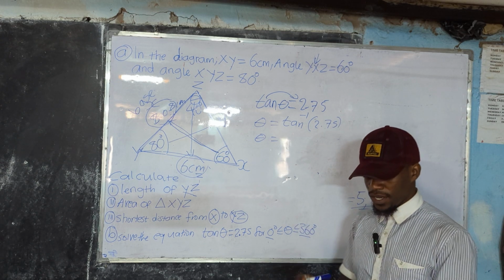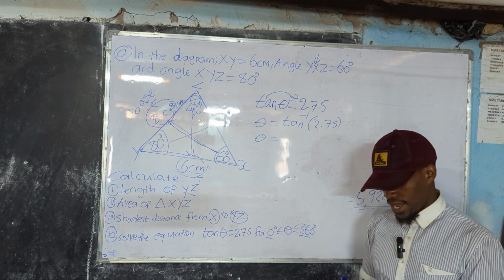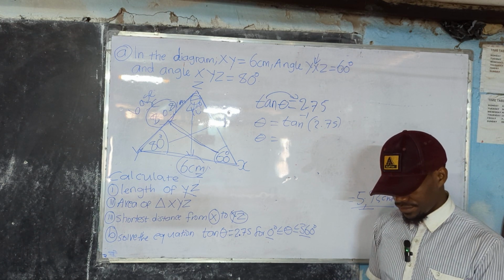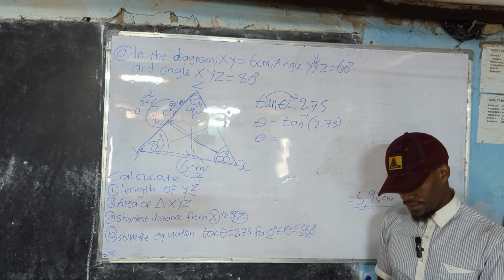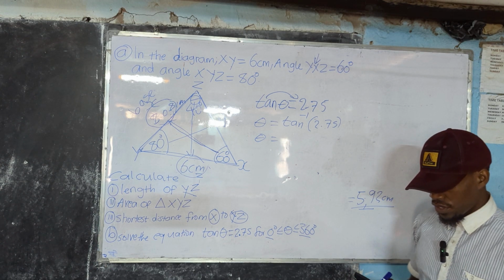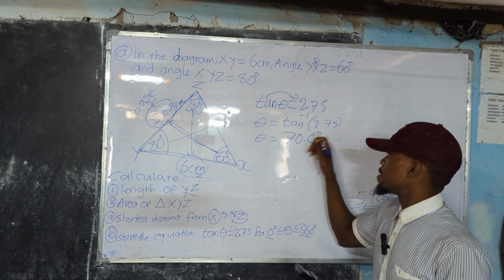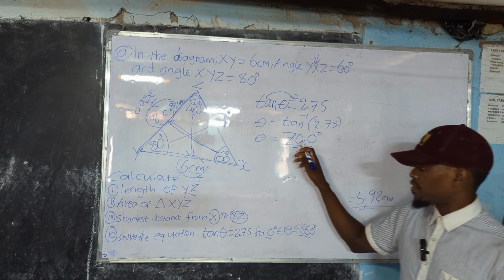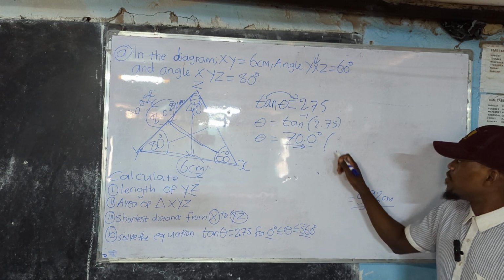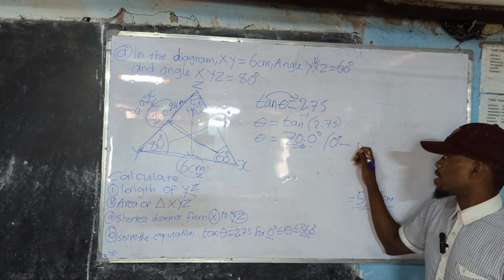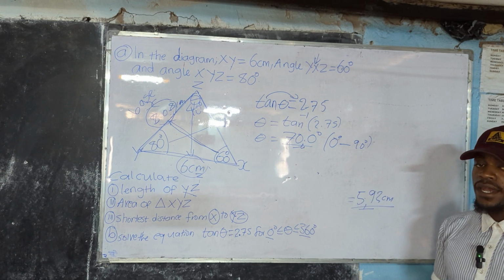So on your calculator, you just have to press shift tan 2.75. So I'm getting 70.0 degrees. This is our first angle because this one is in the first quadrant. Remember, first quadrant is from 0 up to 90, and we can see that this is our number within that range.